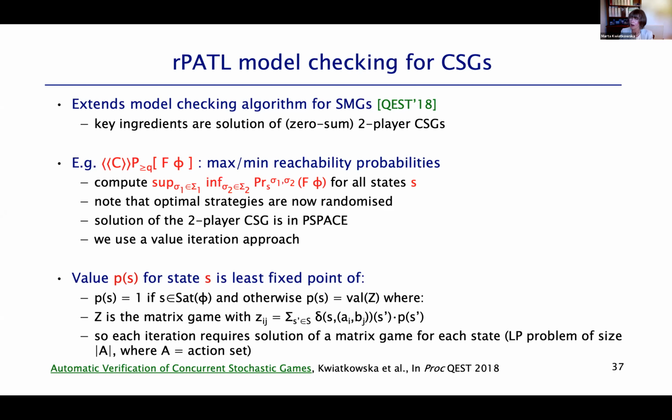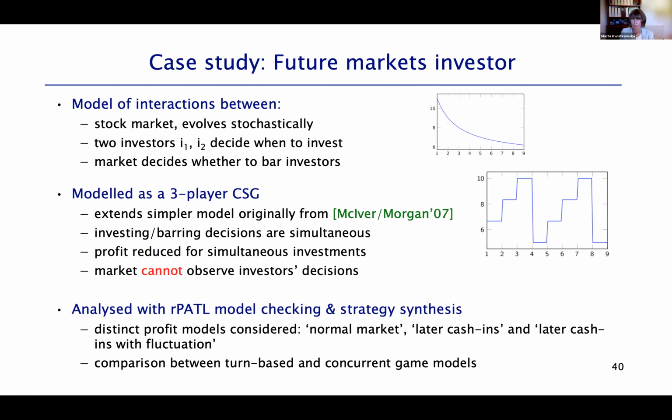Okay, but so far so good, but I have concurrent stochastic games, but I only have zero-sum properties. Now for multiplayer games, we want to consider properties where the players have distinct objectives, and therefore the games are not in general zero-sum. But I will come back to that in a minute when I introduce equilibria.